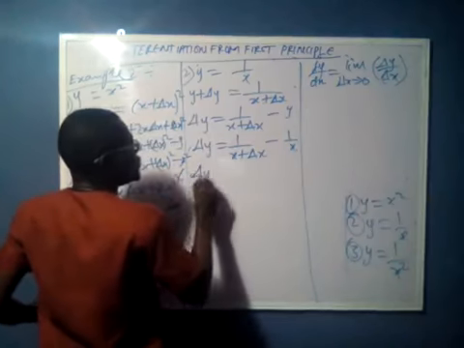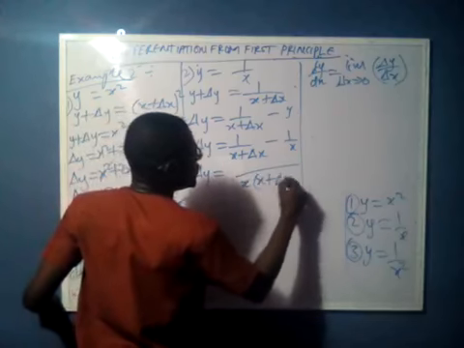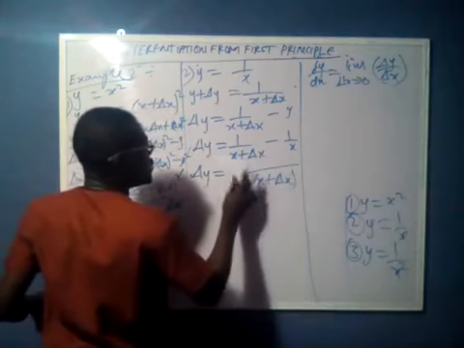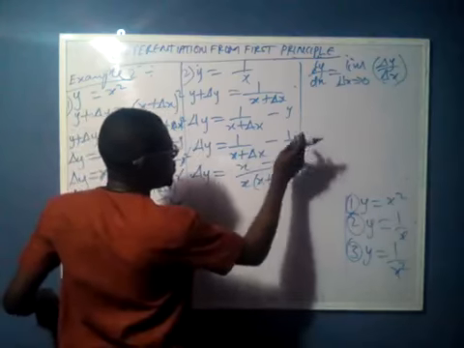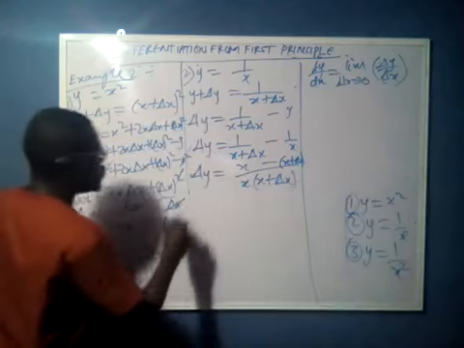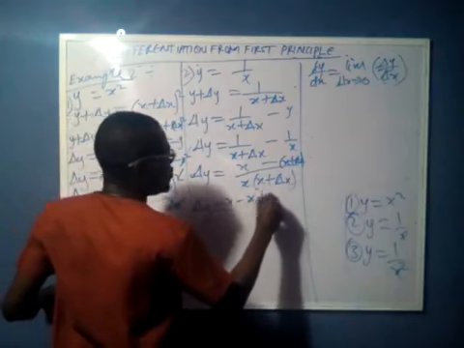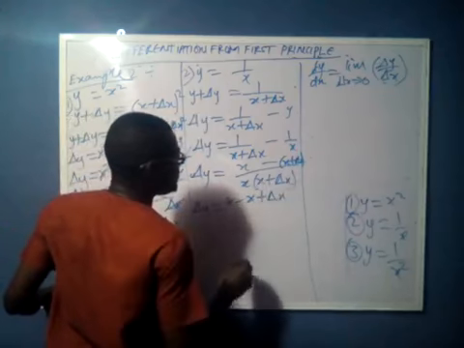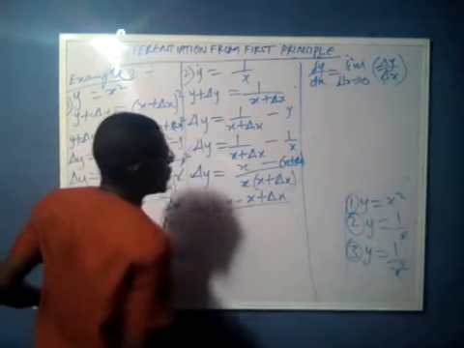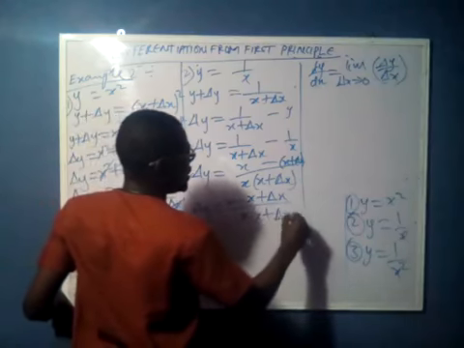So we have delta y equals the LCM, x into x plus delta x. Then this cancels out. We have x minus x plus delta x. Okay, so we can have delta y to be x minus x plus delta x over x into x plus delta x.